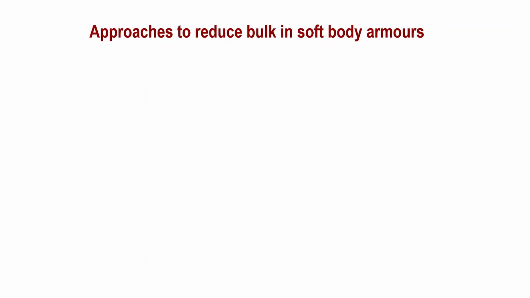So, there is one approach to reduce the bulk in soft body armor. In soft body armor we can use multiple layers, that is true, and we can get the required protection. But then the bulk is high and the weight will be high, so it will lose its flexibility.